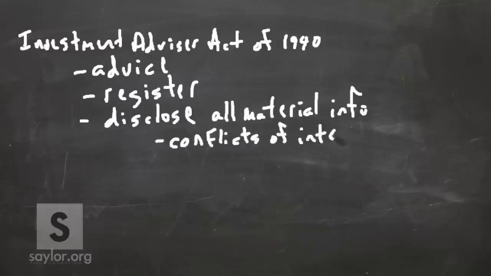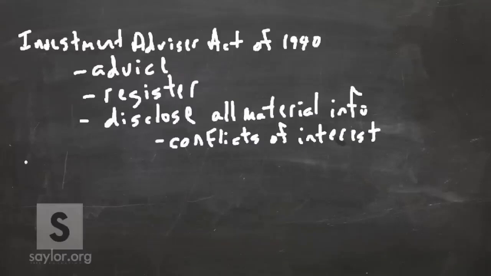For instance, if they own a large portion of a company and they are advising their clients to buy stock in that company, could be a conflict there because it could be driving up the price of stock. They could sell and get out, and their clients might be stuck with stock that's not worth what they paid for it. So again, conflicts of interest are an important aspect.